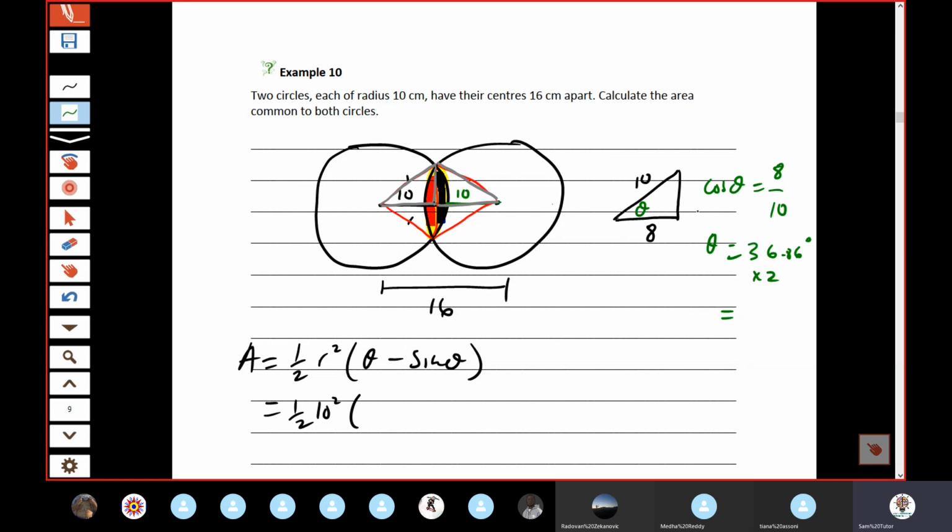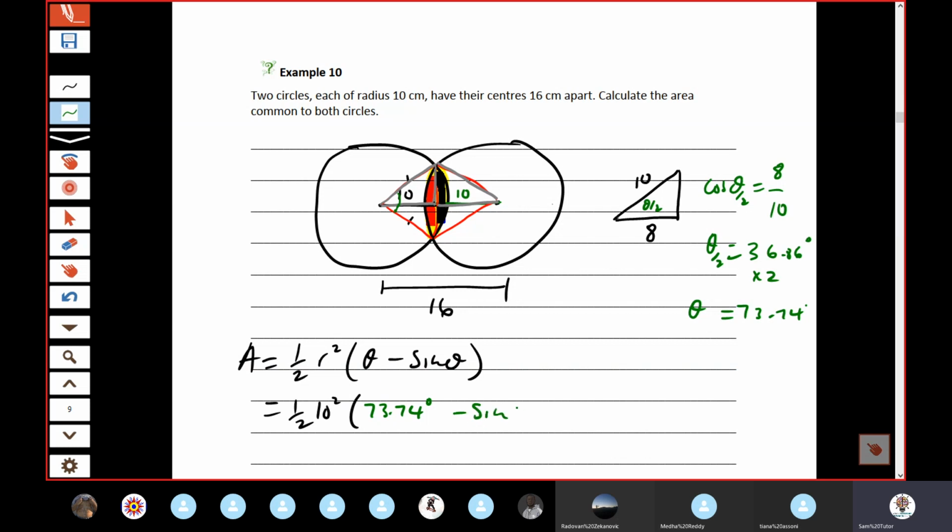Yes, maybe I shouldn't have chosen theta. Let's make it half of theta. So then that way we can all just see times it by 2 is actually my theta, which is the whole thing. Theta would be times 2, 73.73 or 74. So this is 73.74 degrees.